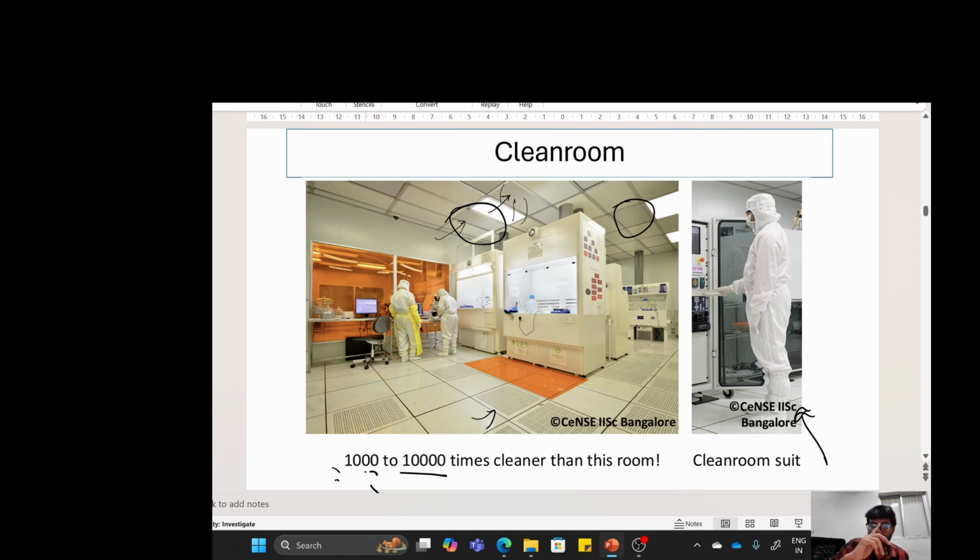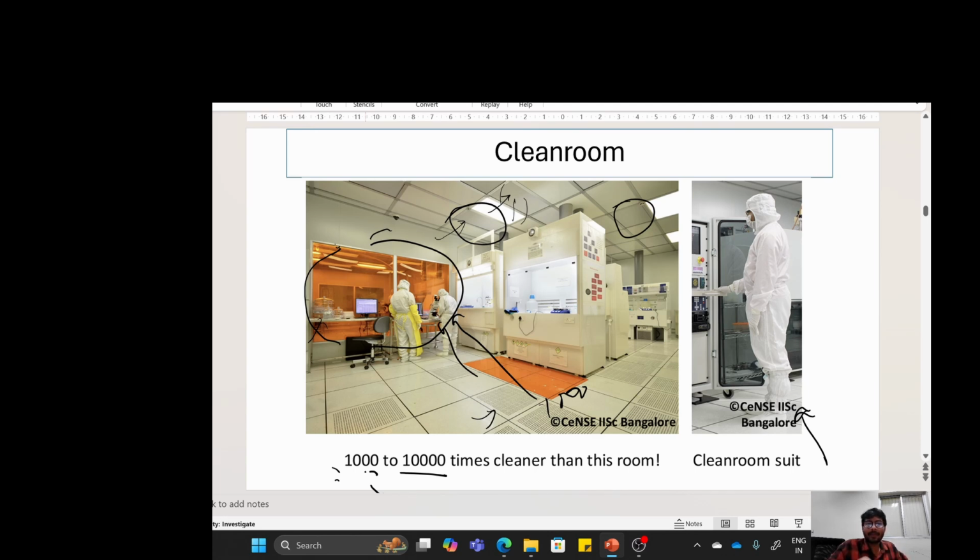If you are doing the lithography, this is the lithography bay, and the light inside lithography is yellow. In IISc, this lithography section is class 100, meaning you can have only 100 particles per cubic meter. If one particle sits on your device, the lithography process will be affected, so you won't get the device as desired.